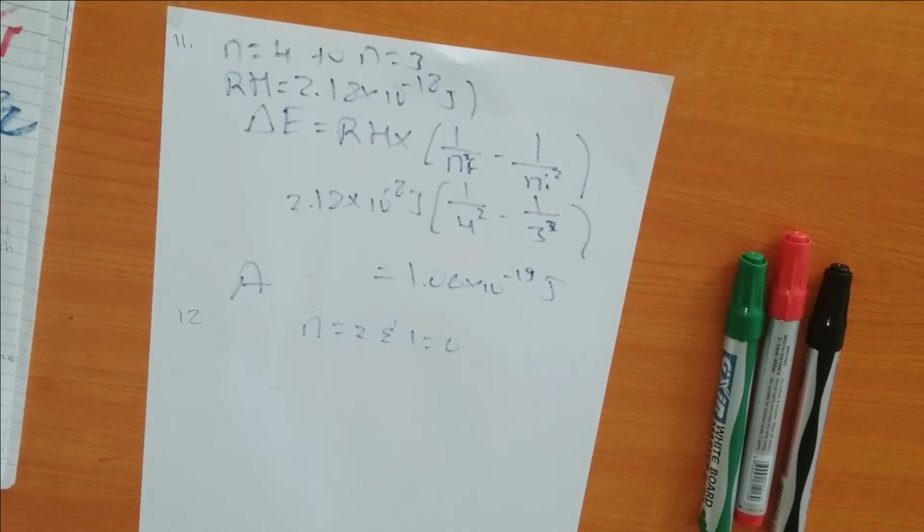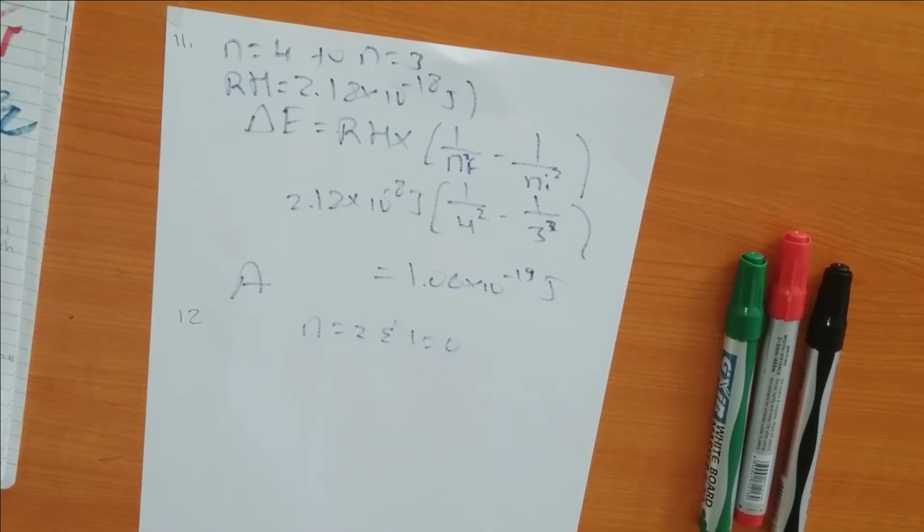B, n = 2, l = 0, ml = 0, ms = plus 1 over 2. C, n = 2, l = 0, ml = 1, ms = plus 1. D, n = 2, l = 0, ml = 1, ms = plus or minus 1 over 2.